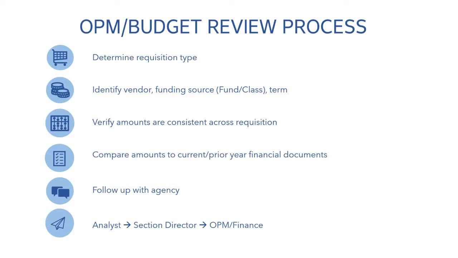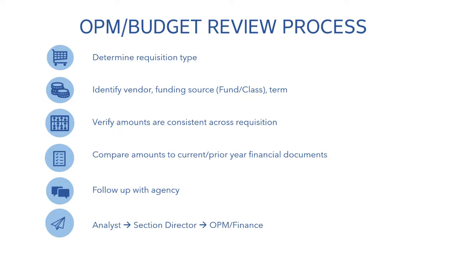We verify that amounts are consistent across the requisition, meaning that in certain cases, agencies will not only provide the financial information in the line comment boxes, but also provide dollar information within the written text.